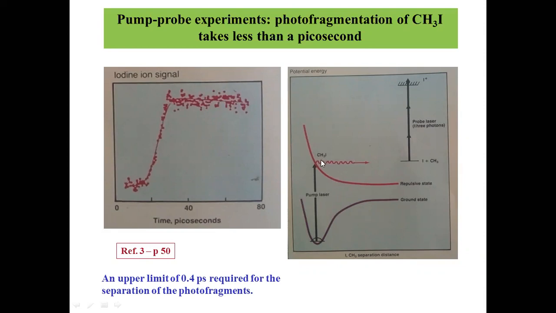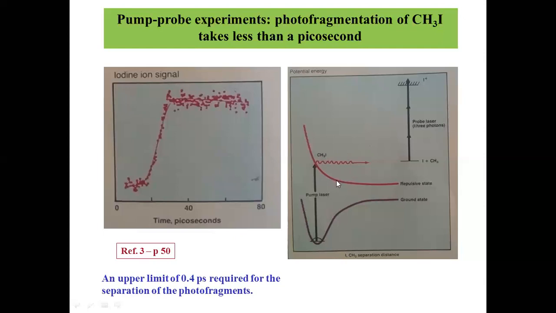this methyl group is going to perform a kind of umbrella motion like ammonia, because this is going to be a radical. So along with the separation of the methyl and iodide, this flattening of the methyl group is also going to take place.